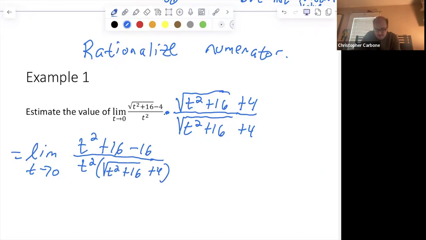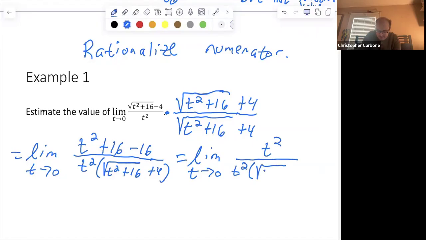But the two 16s in the numerator do cancel. The limit as t approaches 0 of t squared divided by t squared times the square root of t squared plus 16 plus 4. Even after these canceled, we could also cancel out the two t squareds here.